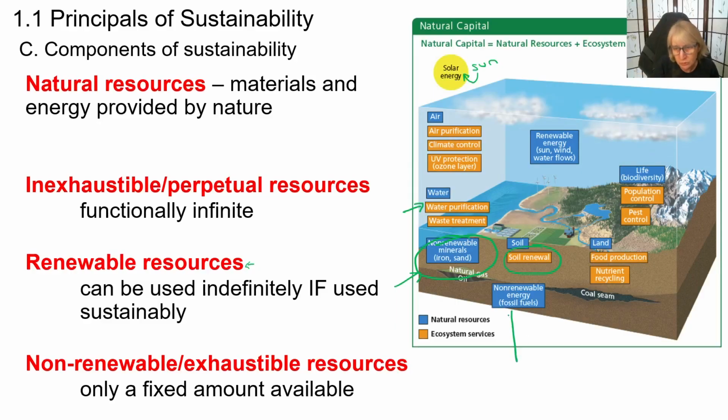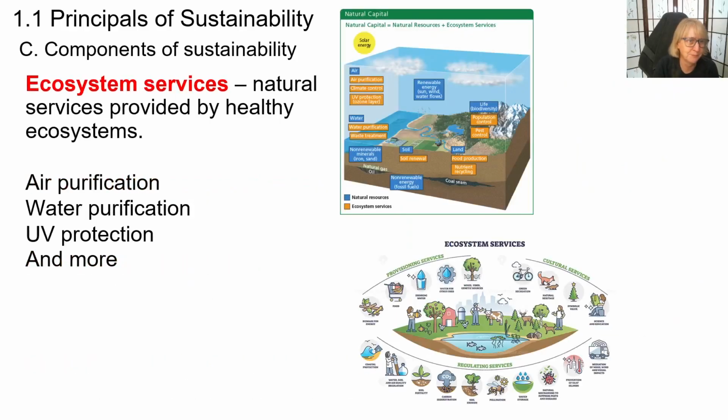Things like fossil fuels are probably more in your thinking about what is and is not available. Fossil fuels are, once we use them up, there's only a finite amount, and the situation that caused the creation of the fossil fuels is not going to occur again. Not in the lifespan of humanity.